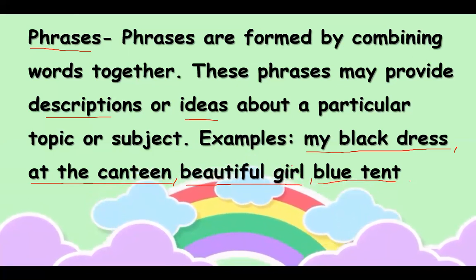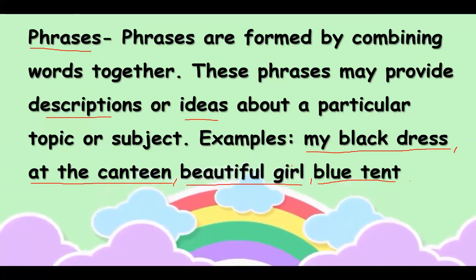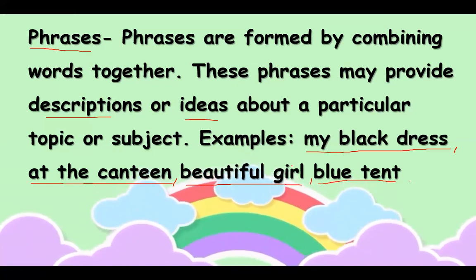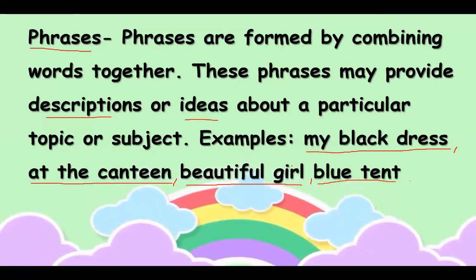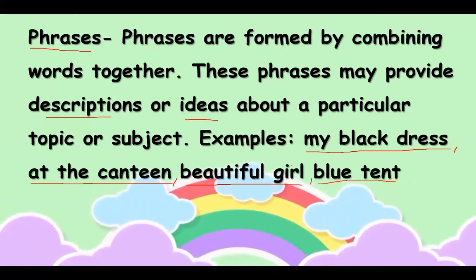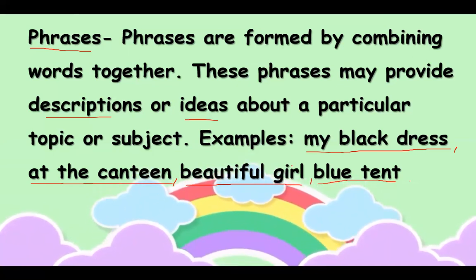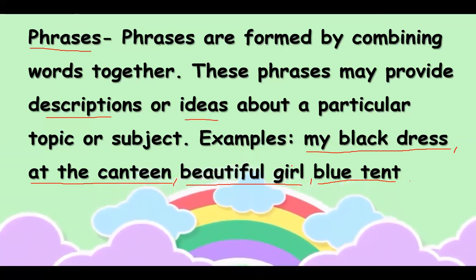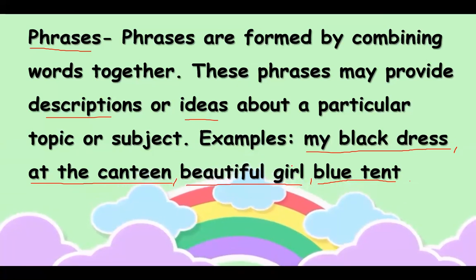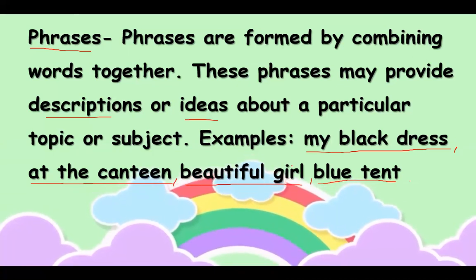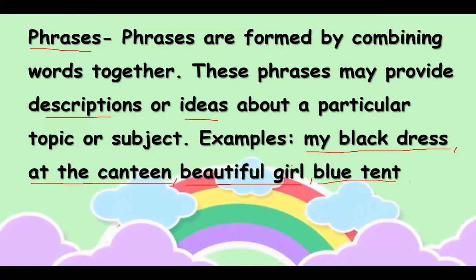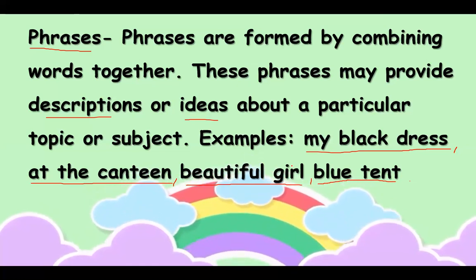Although phrases are combinations of words, they cannot be considered a sentence because a sentence is a combination of words having a complete thought, with meaning or with an idea. Phrases are simply a combination of words to project or to describe something or say anything particular about the subject.